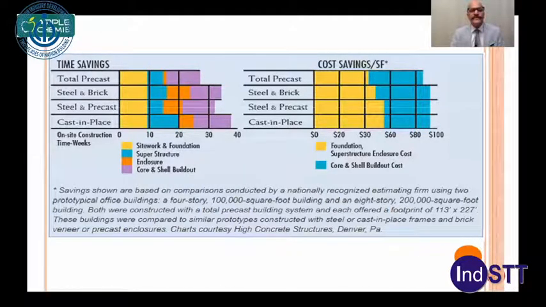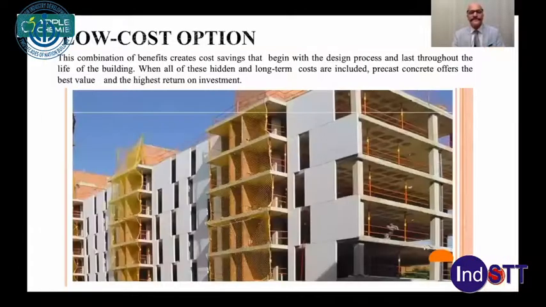And if you want to save more, steel and directly brick work or block work, you save further time. And precast is the technology which will give you work at a very high speed and maximum cost saving. This has been proved, and that is why today we are talking about precasting.